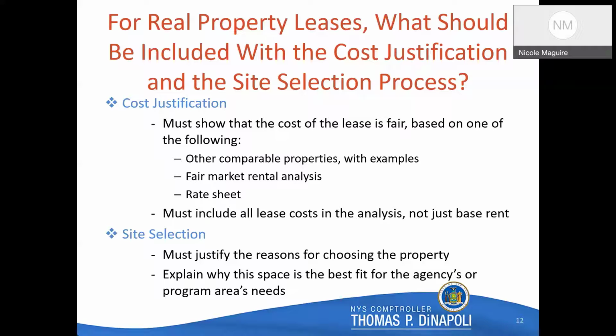So many other expenses can factor into the total lease cost. Items like utilities, taxes, operating expenses, janitorial costs, they can all vary from location to location, and when factored into the overall cost of the lease, can ultimately determine which location is the most cost-effective for the agency's needs.